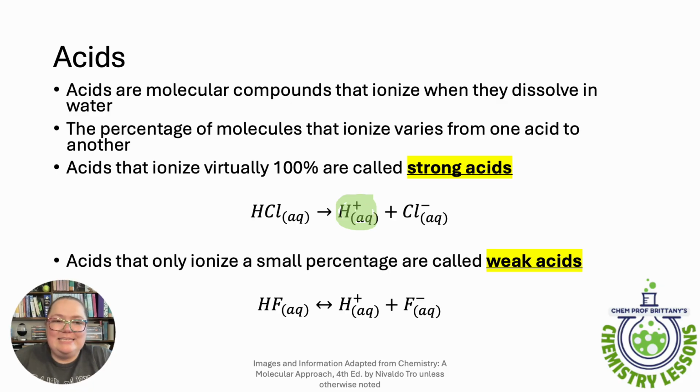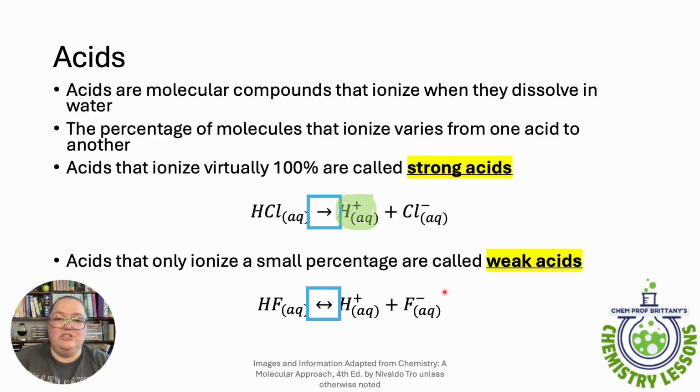Acids that only ionize part of the time, which are classified as weak electrolytes, are weak acids. That would be, for example, hydrofluoric acid, HF, where we get H+ and F-. You'll notice between the two that we have a single arrow here and a double-headed arrow here.